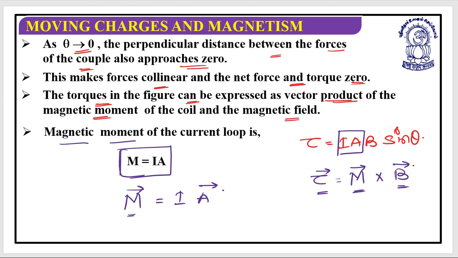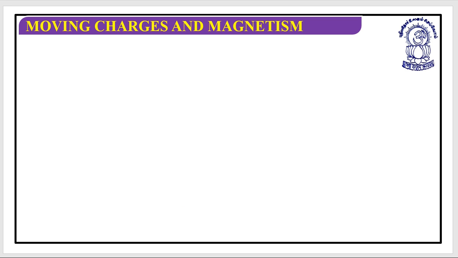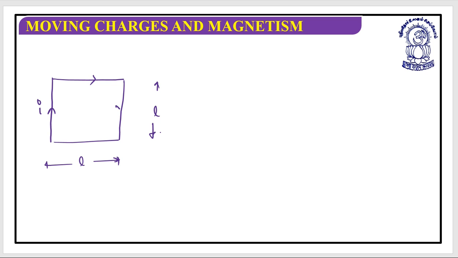Is it clear? So first we will do certain practice of the magnetic moment, and then we will come back to this torque equals M cross B. So let's suppose this is one of the loops. It's a square loop having sides of L by L, and in this, current is flowing in this direction.